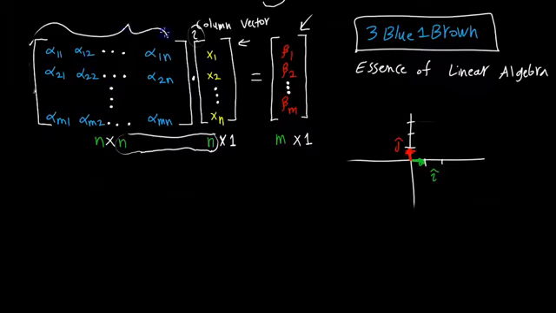Normally in a linear algebra course, they would name this matrix A. They would name this column vector here the variable x, with a vector on top, and they would name what's on the other side b. These are column vectors, and A is a matrix.